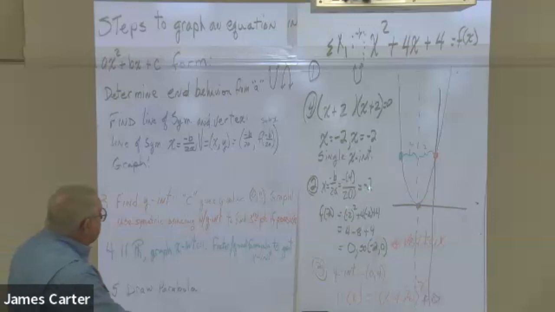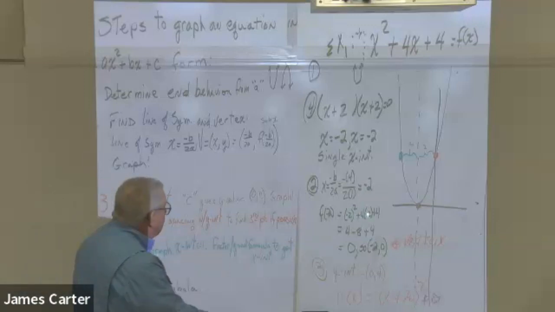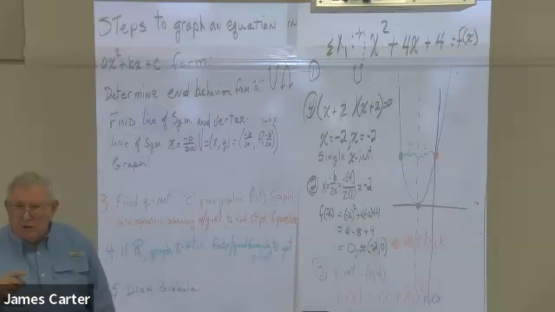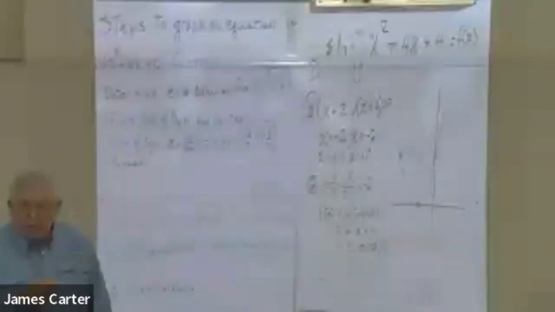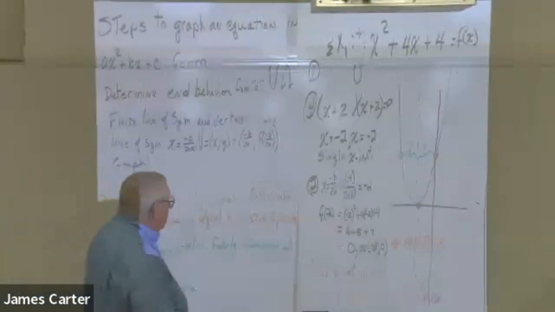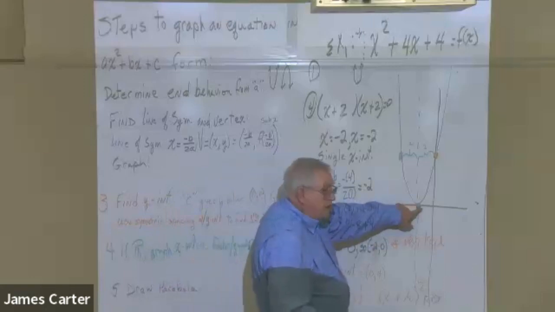Then I'm going to substitute that -2 into the equation to get, in this case, 0, or the vertex -2, 0. Question about that before I go on? I need to make absolutely sure you understand what I did there. Any questions? No? Okay.